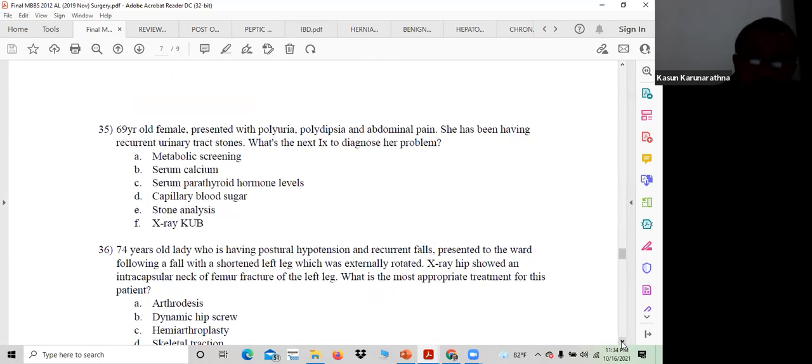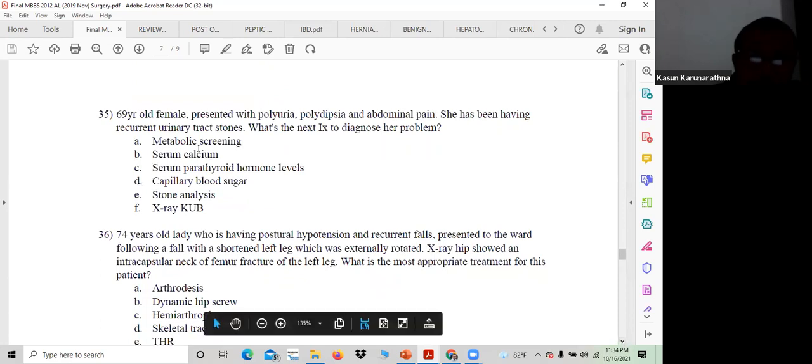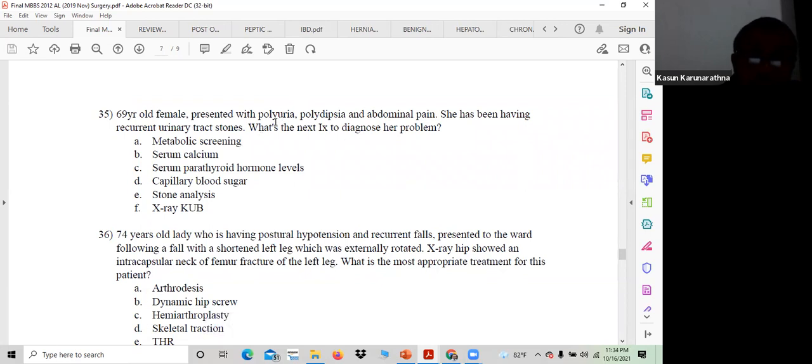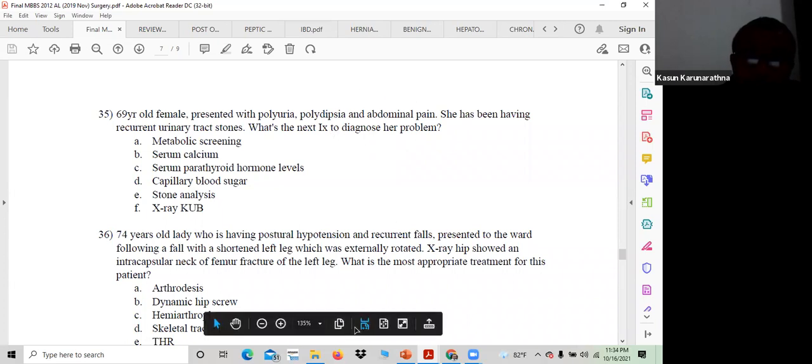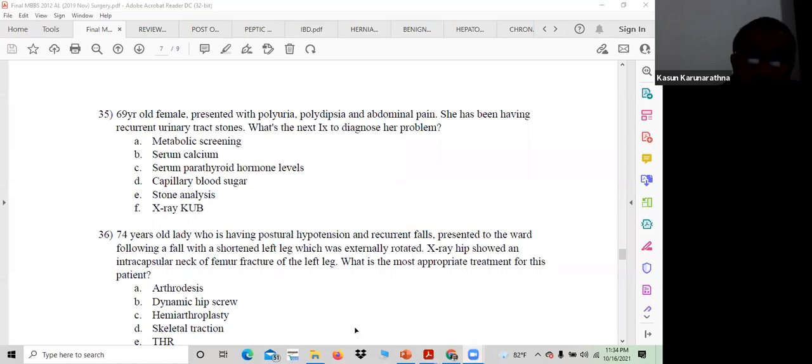The third question, number 35: a 69-year-old female presented with polyuria, polydipsia, and abdominal pain. She has been having recurrent urinary tract stones. What is the next investigation, diagnosis, problem? What is her clinical presentation? What are the symptoms suggestive of?